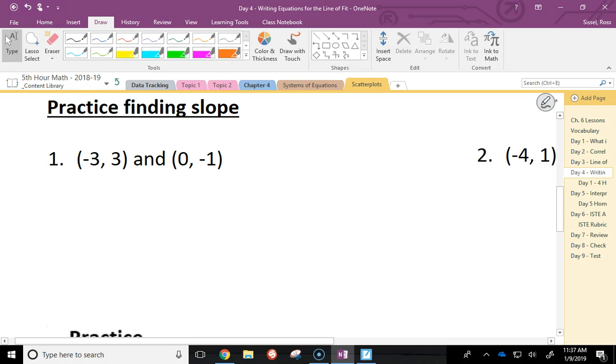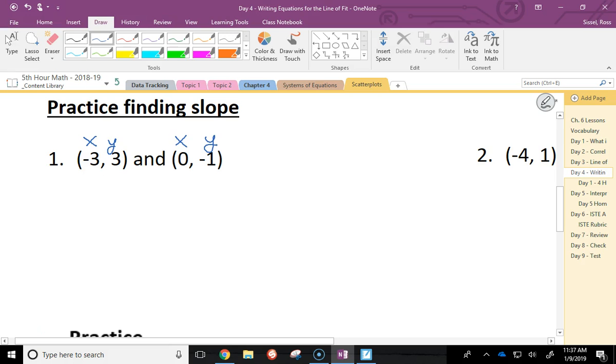I want to make sure that we remember when we have coordinates, which one's which. The first one's always x, the second one's y. X, y. That's how coordinates are always listed. Always x first, then y.